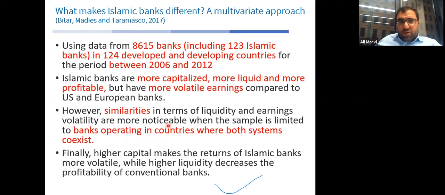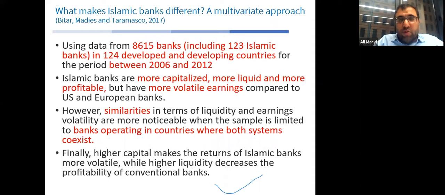Or rather, let me correct myself: when they limited the sample to banks operating in countries where both systems coexist, for example Malaysia, Turkey, and England, they saw similarities between Islamic banks and conventional banks.